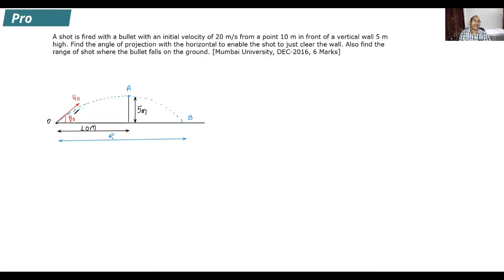Okay, that means always if we try to draw a figure from the given wording of the problem, then solving the problem becomes easy. Now what data is known is from O to A, therefore we will consider motion from this point O to point A, from O to A.